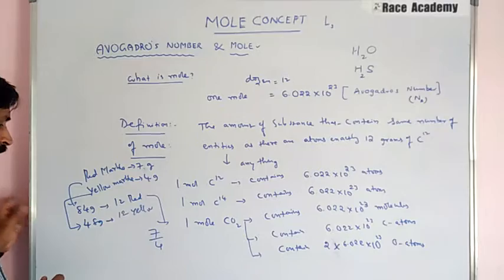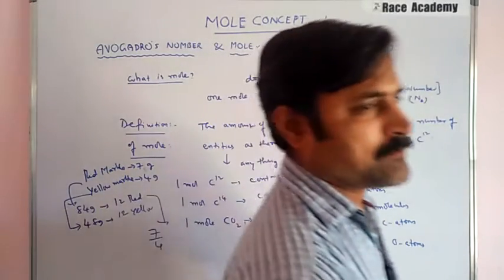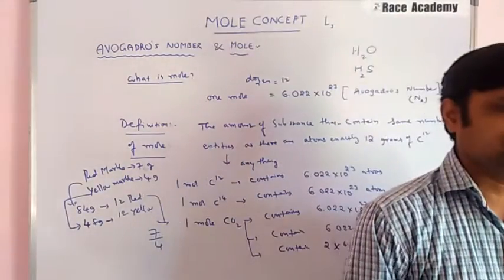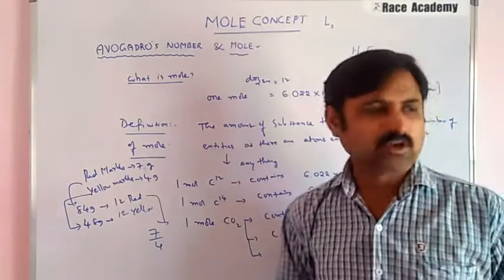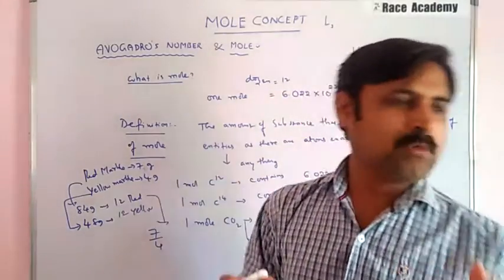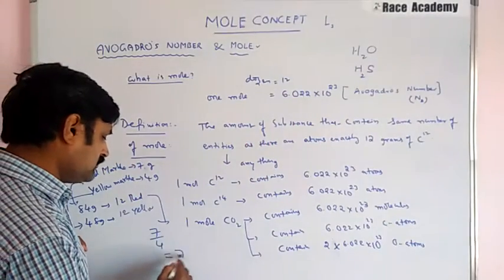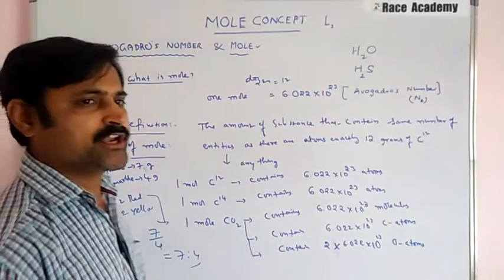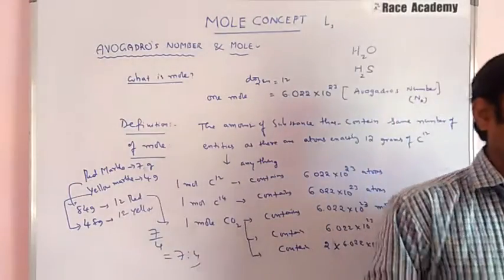So a red marble weighs 7 by 4 as much as a yellow marble. That means any given number of red and yellow marbles always has the 7:4 mass ratio. This is a fixed mass ratio.